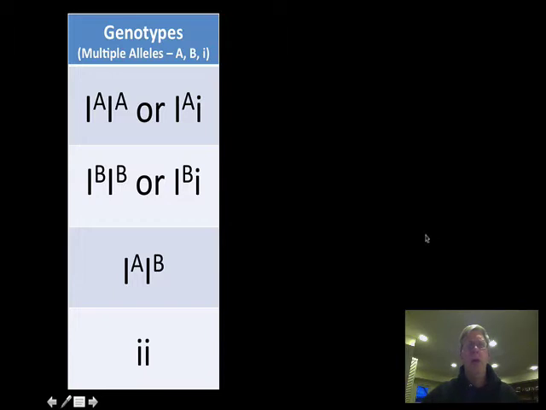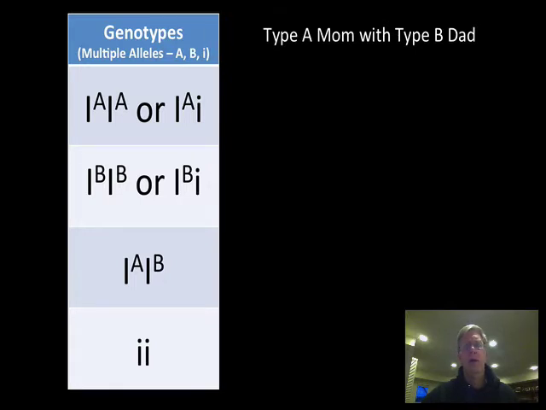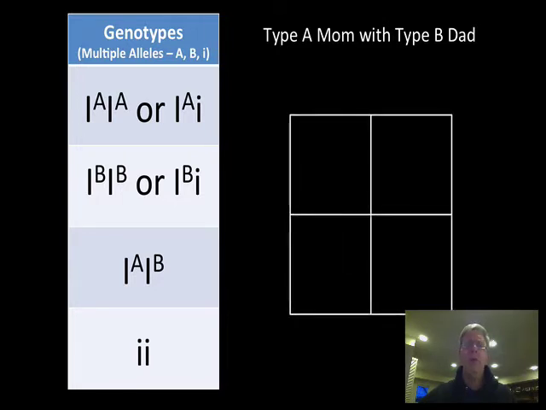So what would happen if we have a mom with type A blood and a dad with type B blood? What are the possible genotypes of the offspring, and what are the possible phenotypes? In fact, could a type A mom and a type B dad, for instance, have a child that's type O? Well, we can do a simple Punnett square.